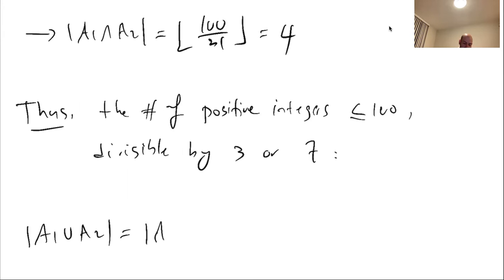That is the number of elements in A1 plus the number of elements in A2 minus the number of elements in A1 intersection A2.